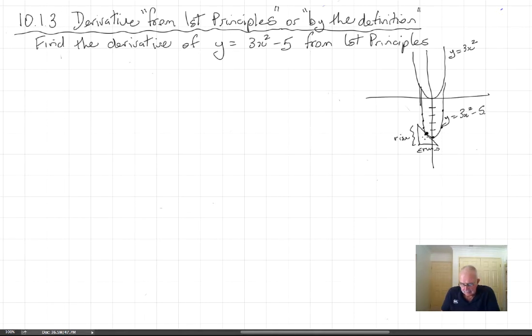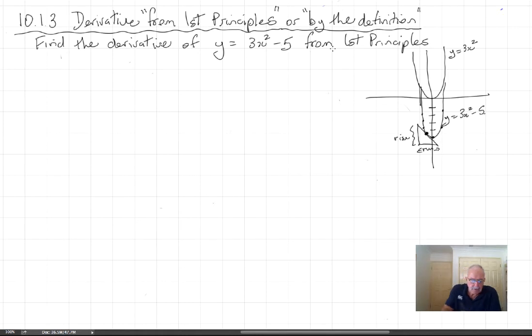So we say it's an instantaneous rate of change of y with respect to x at that particular point. Now, we can calculate at any point, and we'll do that at the end. So find the derivative of y equals 3x squared minus 5 from first principles. Two ways we can refer to this process: first principles and by the definition. So whoever wrote the question, me, decided to use from first principles.